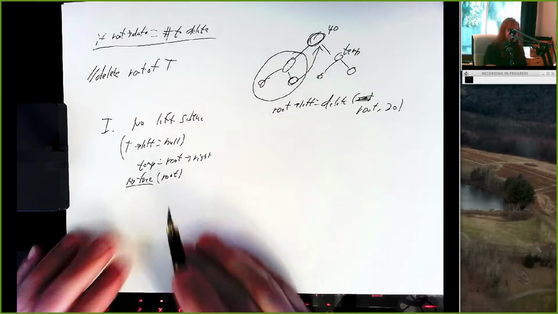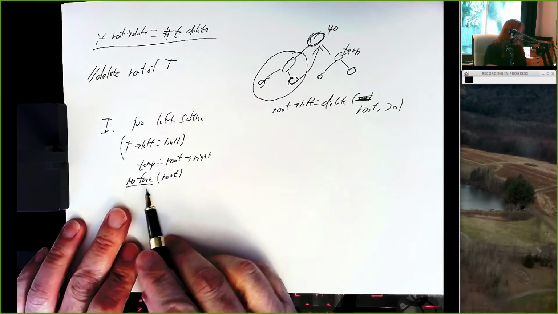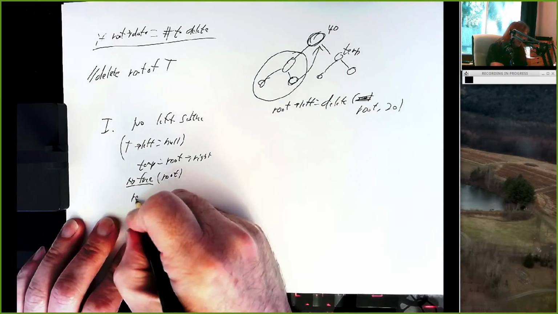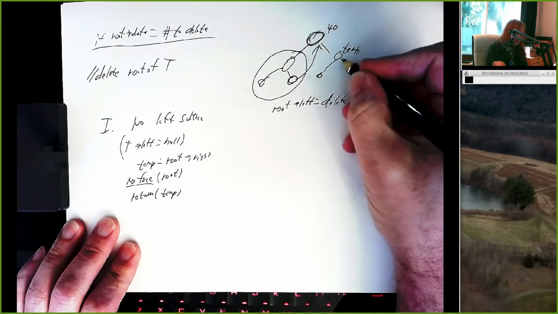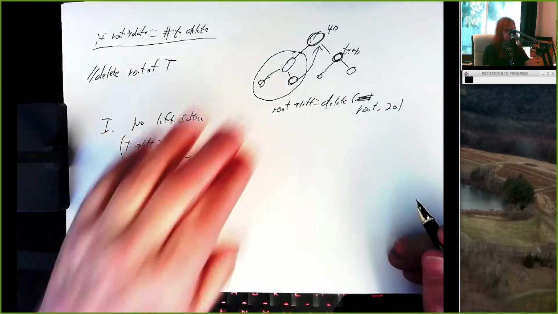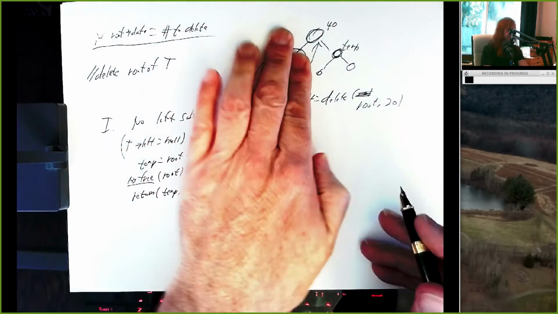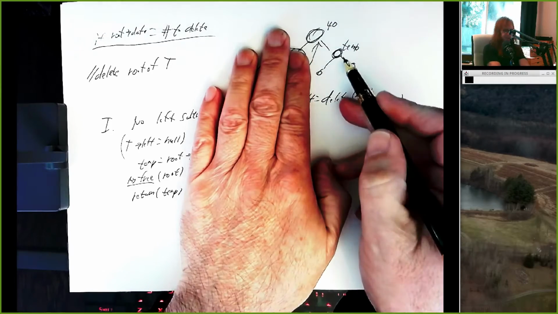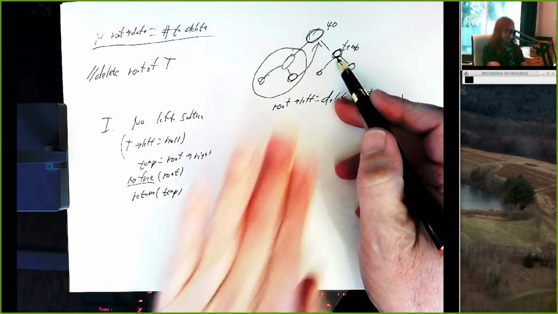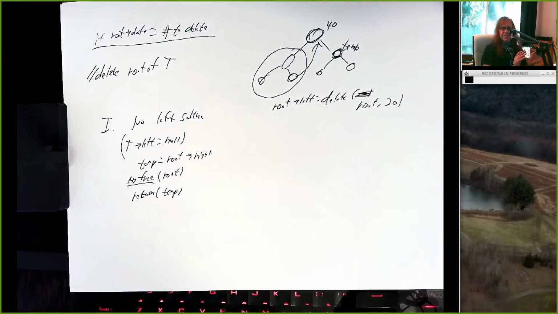So my free has to do a bunch of work. So this frees the root, and then we return temp, which is this node right here. This becomes the new root of the tree. Again, this is the case where there's nothing to the left of the root. So if there's nothing to the left of the root, we're just going to change the root to be this node right here. So that case isn't too bad.